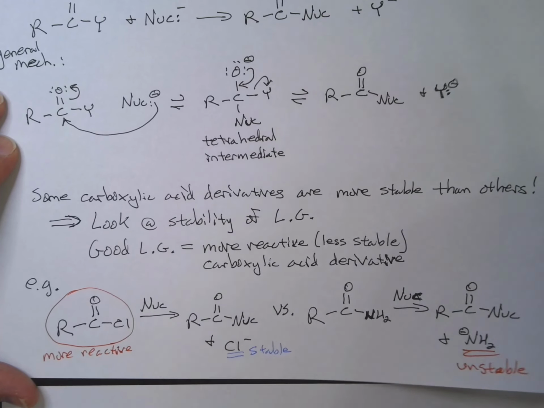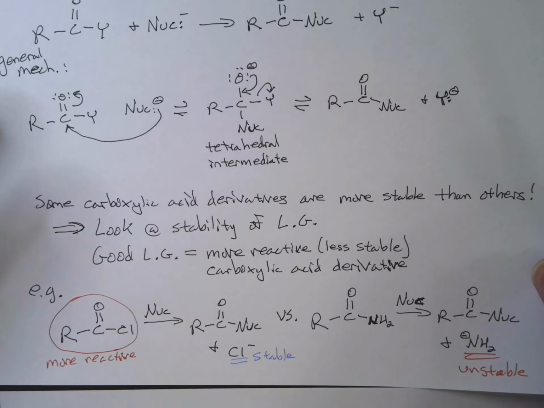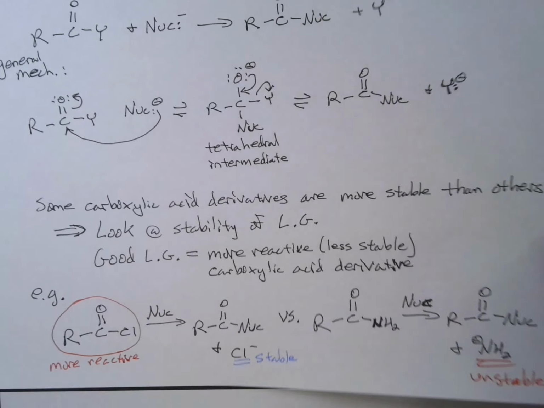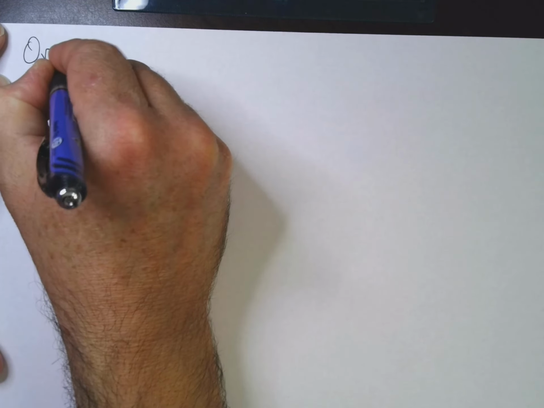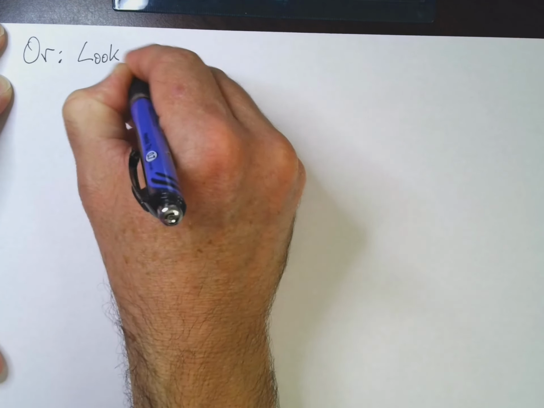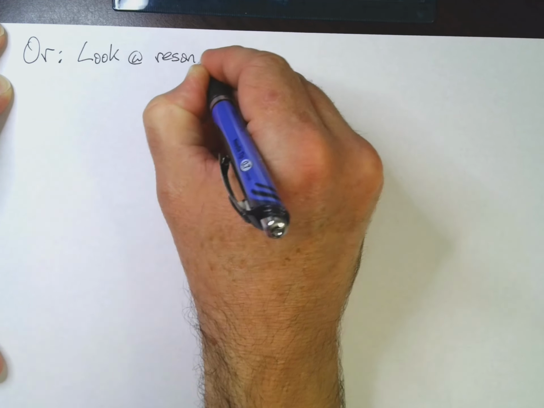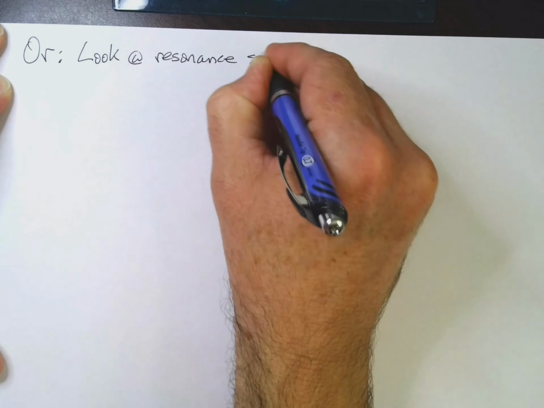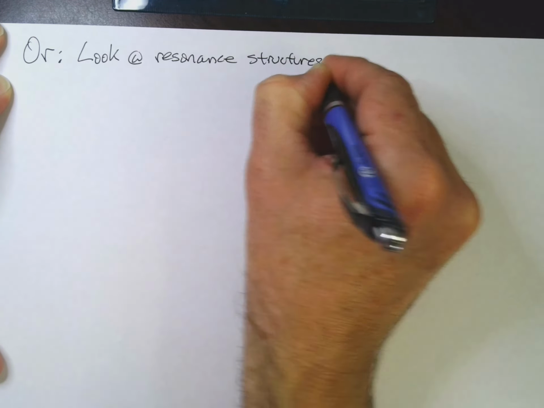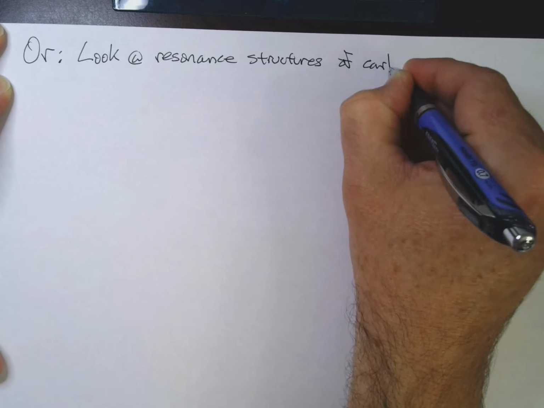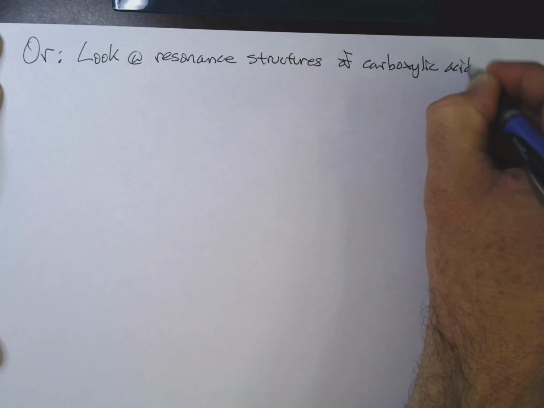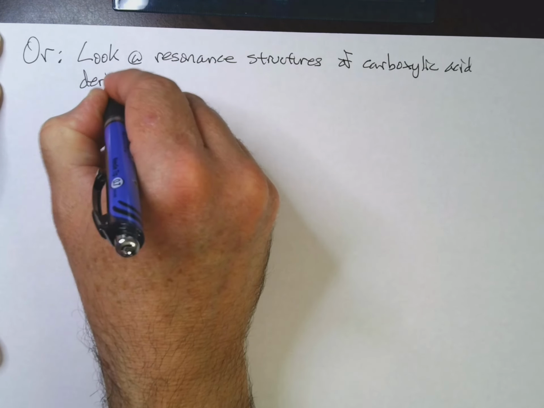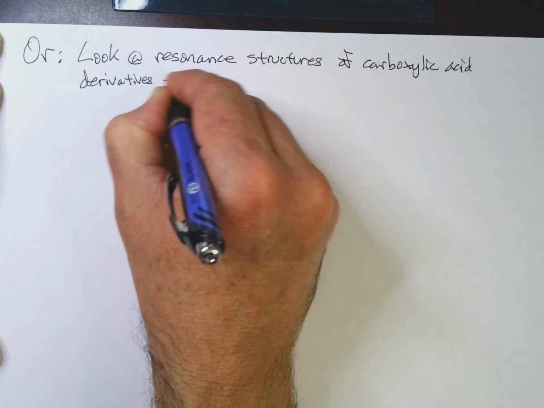The other way is to look at resonance structures of the carboxylic acid derivatives themselves.